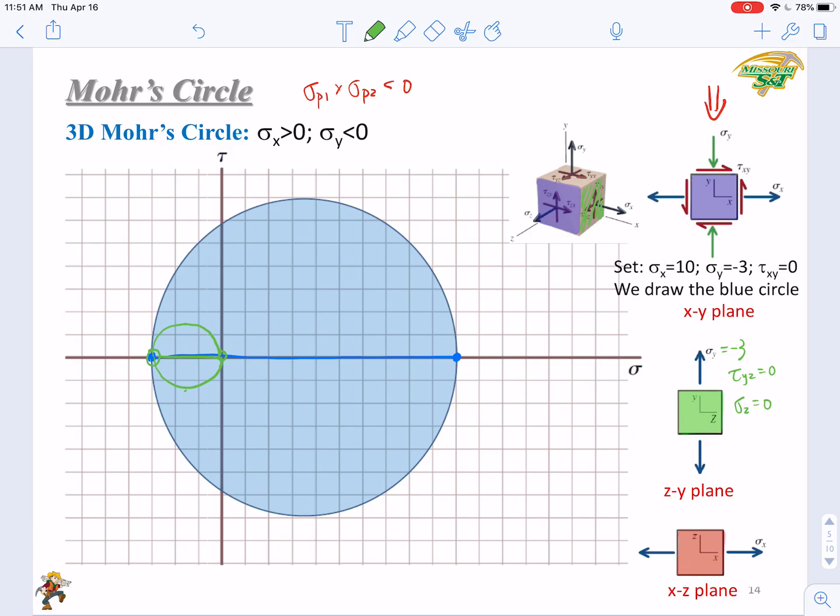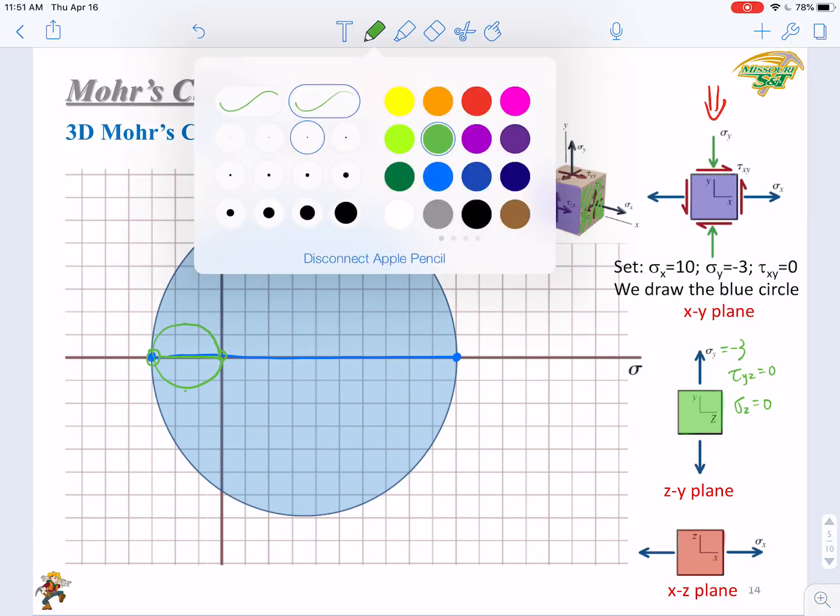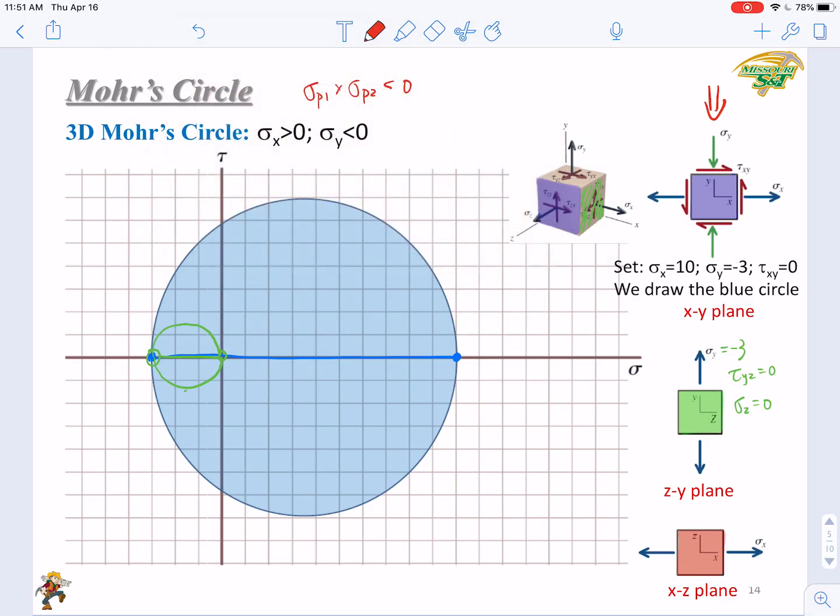And let's look at the XZ plane, the red colored XZ plane, the top plane right here. On this plane, your sigma x equals 10, sigma z equals 0, and tau xz equals 0.